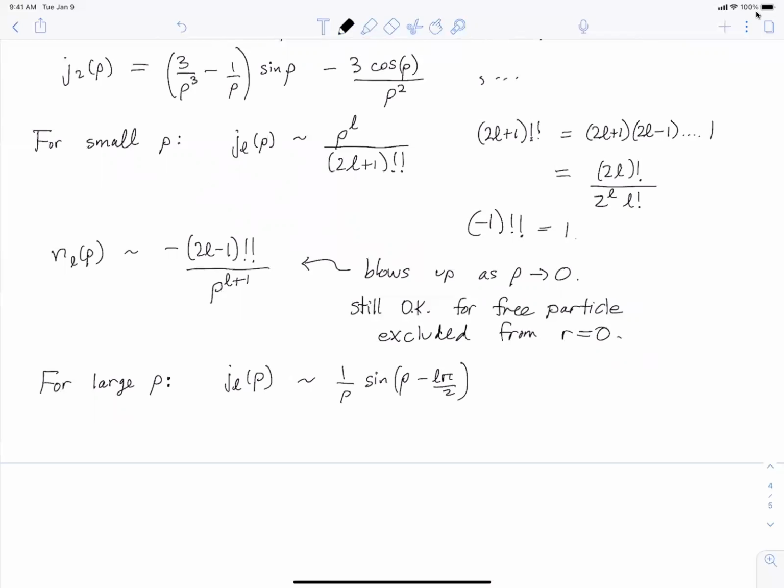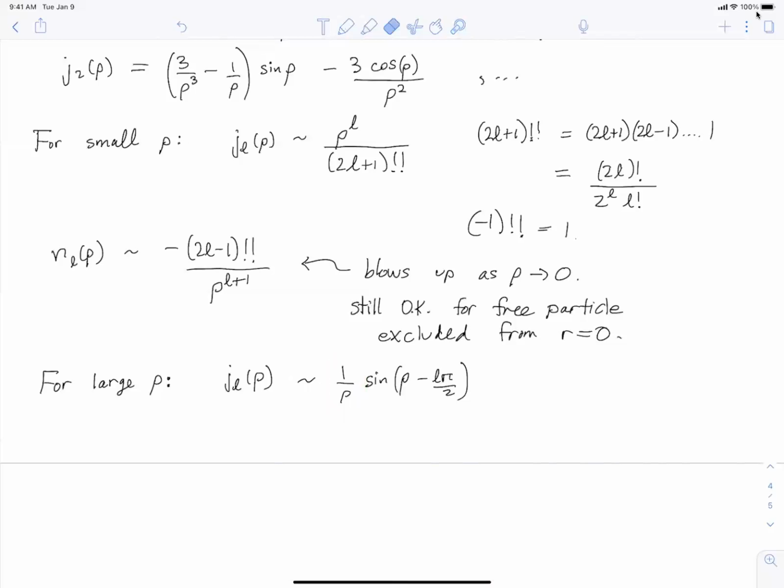So the L pi over 2 is an angular momentum dependent phase factor that just says how rapidly this thing oscillates at large distance. So this is oscillating at large distance, but then it's also being suppressed like 1 over the distance when you go far from the origin. So it's also okay for large distance.